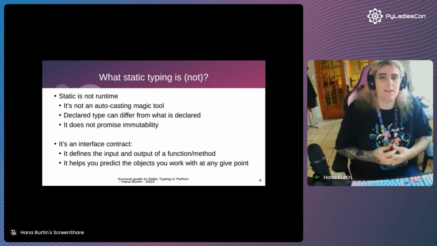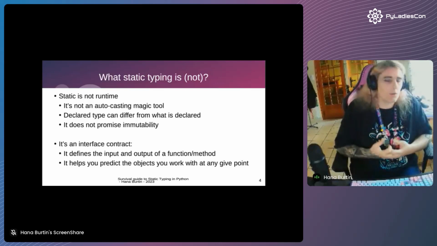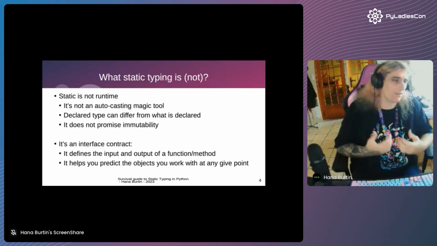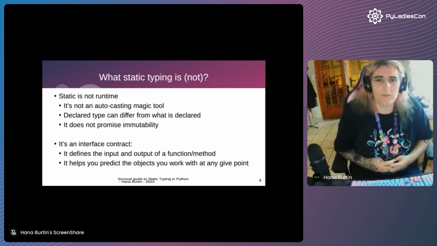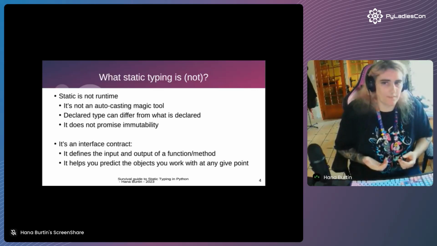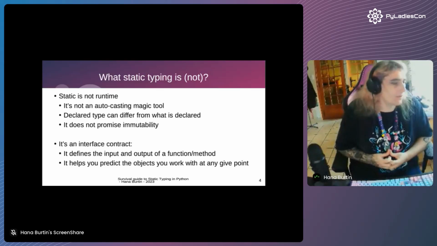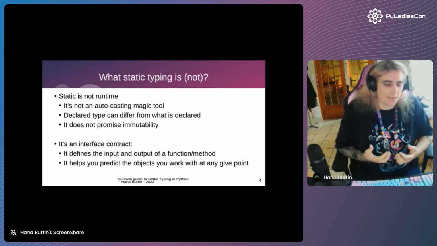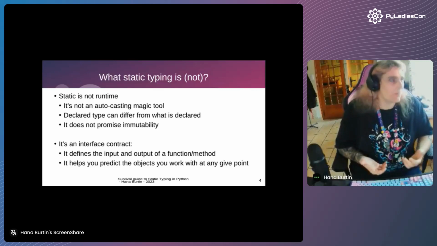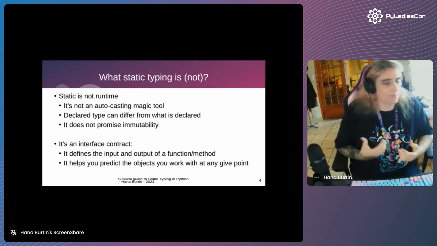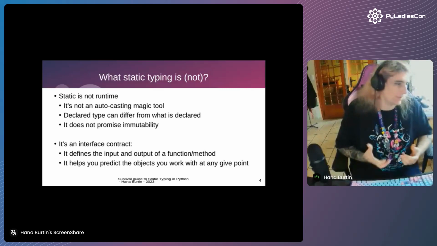So static typing is not something that works at runtime. It is static, when your code is not running. That also means that what your typings declare can differ from what you really have at runtime. So you need to be aware of this, understand how it will help you, and what the traps are.